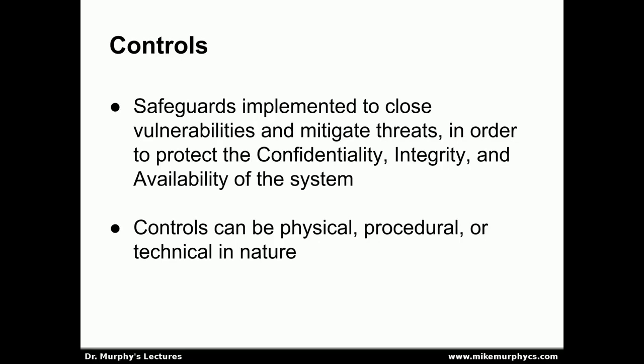In the security of information field, or in computer security, these controls can be technical. We can have system policies in place that prevent certain actions. We can require data to be encrypted. So we have these different controls that we can implement in order to try to protect the system.